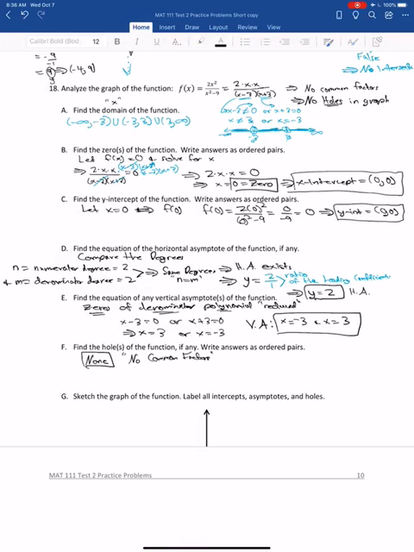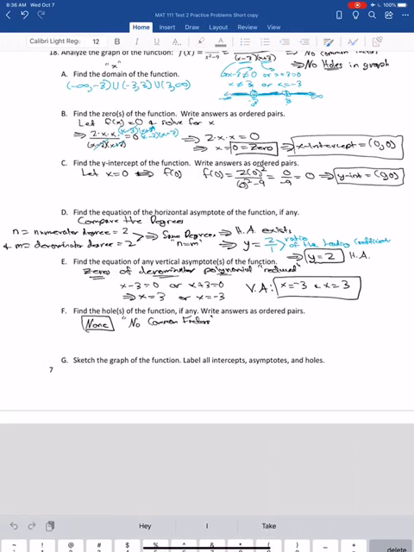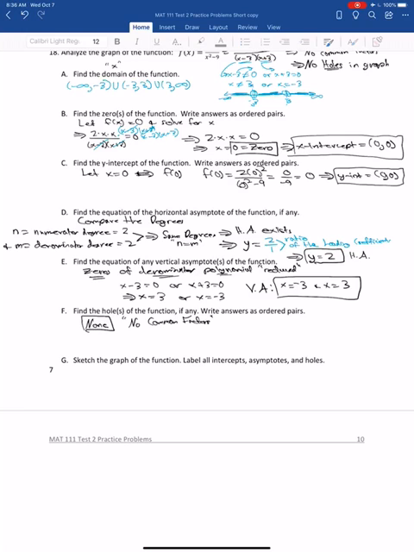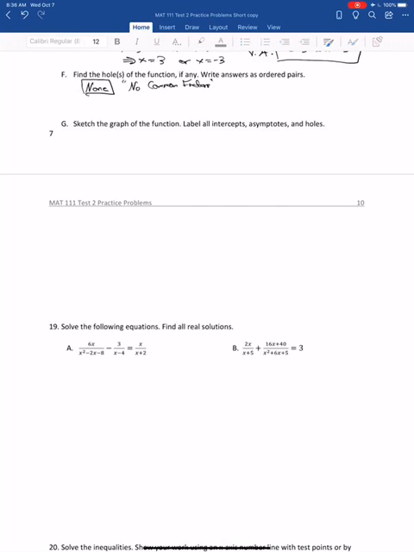Well, let's go ahead now and build a sketch of our graph based on what we found so far. So sketch the graph, label all the asymptotes. Let's build in our x and y axis.